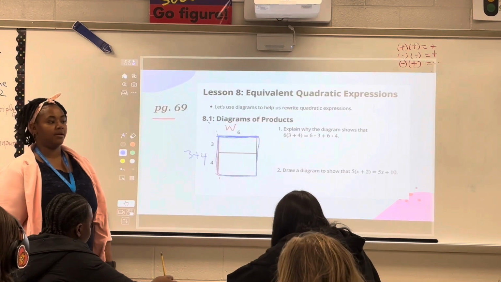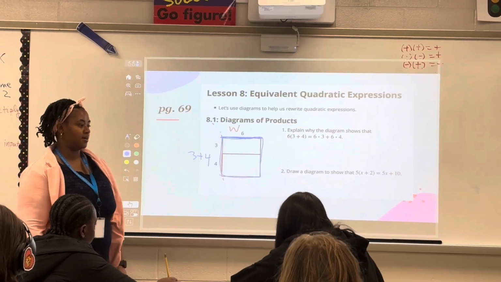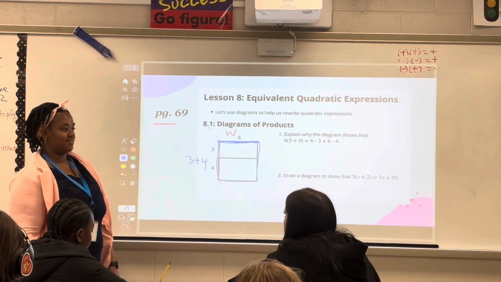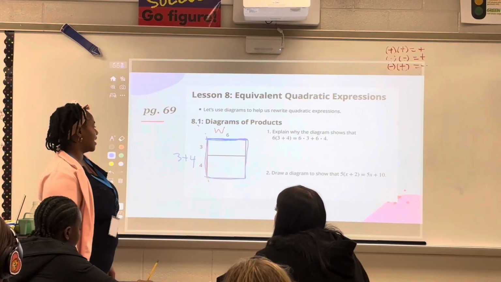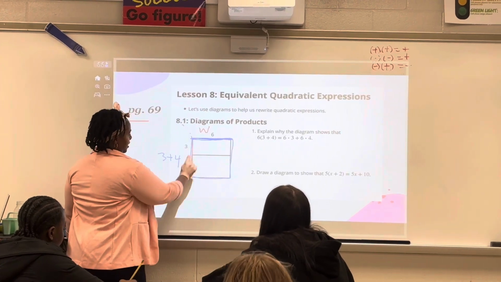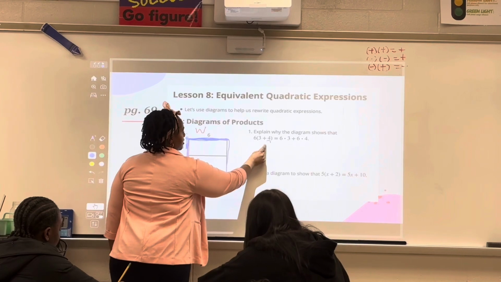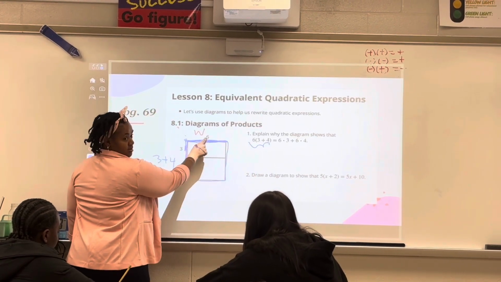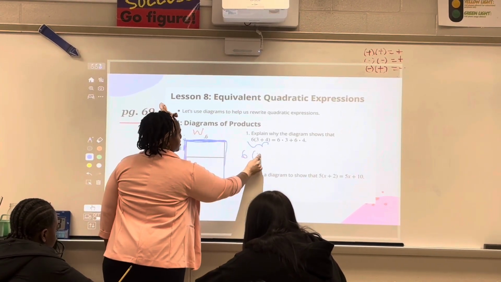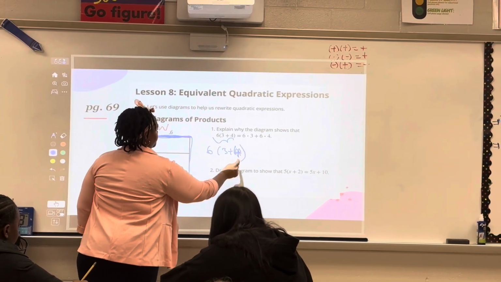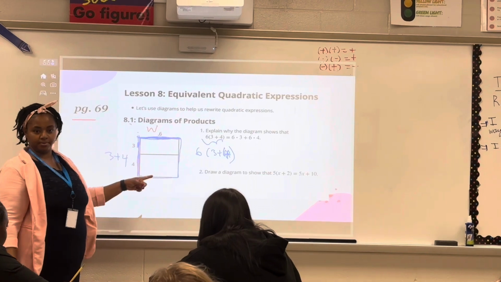How do we calculate the area of the rectangle again? Amina? Length times width. So we will do the length times the width, and that's this over here. 6 times 3 plus 4.